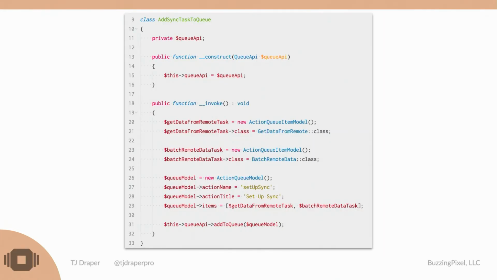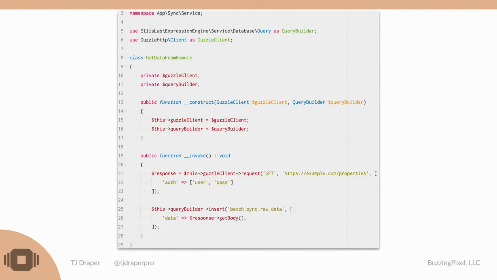I pulled a bunch of stuff out of here for this example, but I'm creating the action queue item model, and I'm telling it what class to run. I'm creating another action queue item model, and I'm telling it to run another class. The first class is get data from remote. That's going to go out to Microsoft Dynamics and pull that data in. And then the second class is batch remote data. I'm just storing that data raw, and then the batch is going to actually batch it up into stuff that I can add more things to the queue with.